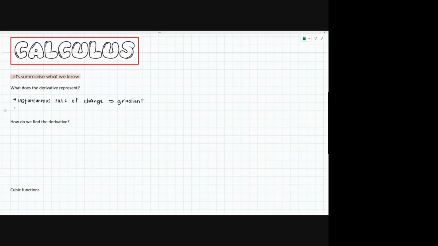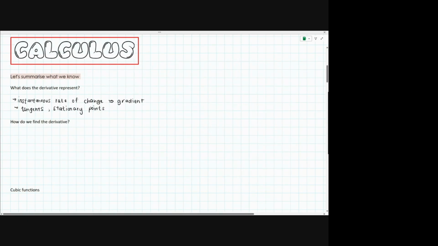And this allows us to do a whole bunch of things. So we can work with tangent lines. We can work with turning points or stationary points. Be a better terminology, stationary points.